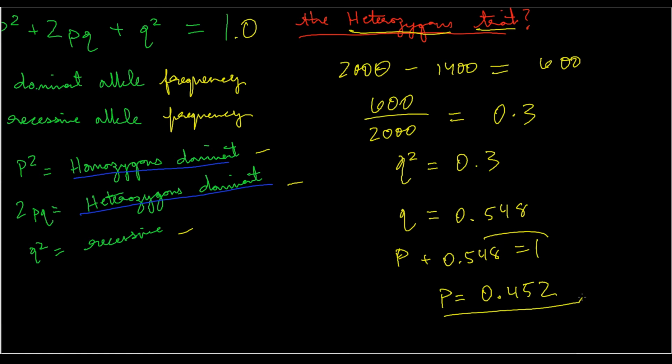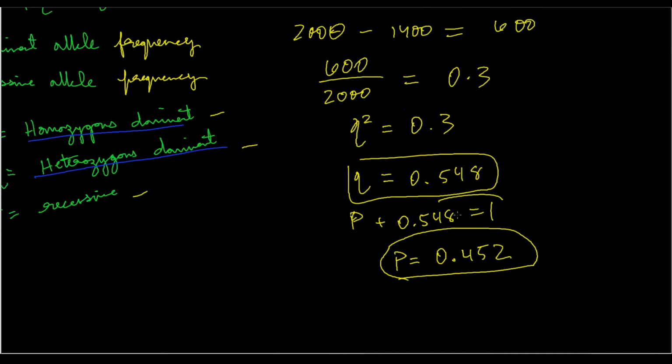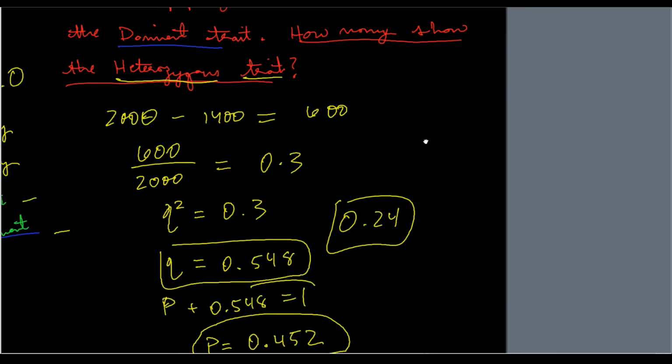So p should be equal to that, q should be equal to that, and now if we multiply this times 0.548, the q value, we should get 0.24 of the total population.